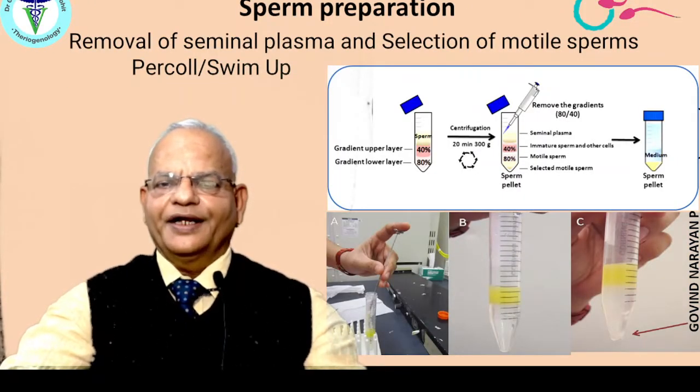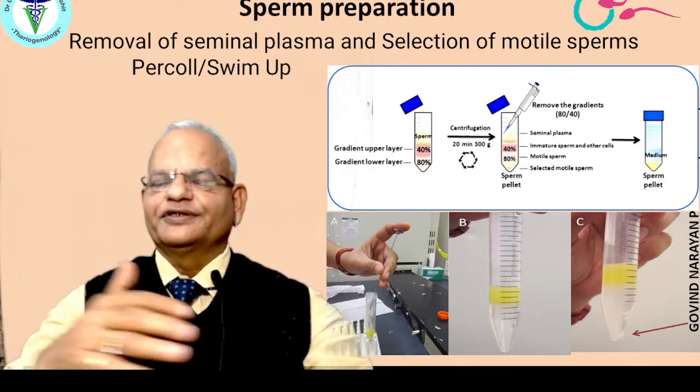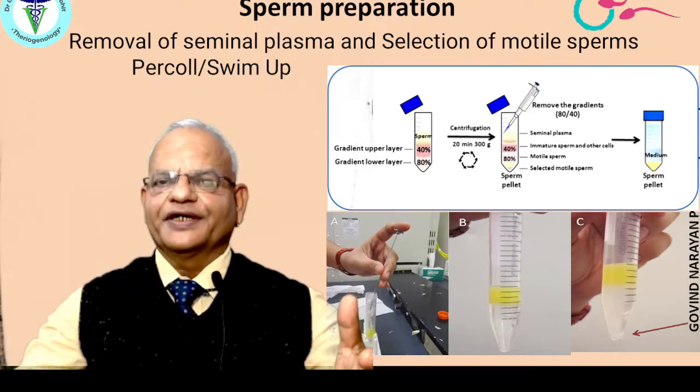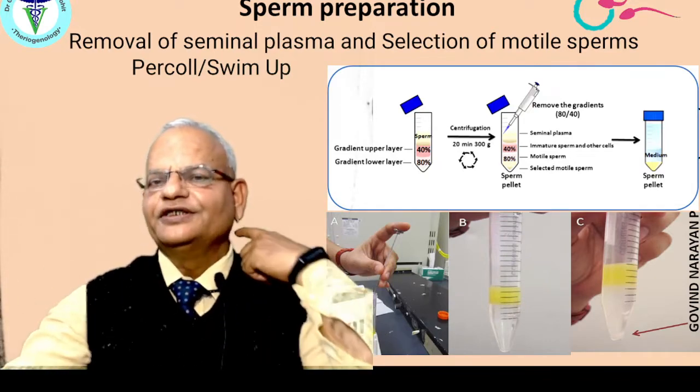Then in an in vitro fertilization laboratory, the important aspect is the preparation of the sperm, and the spermatozoa have to be prepared, because in natural mating the sperm traverses the female tract and becomes capacitated and attains many changes.